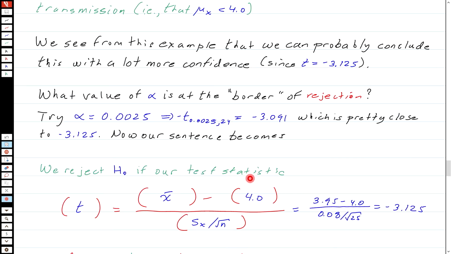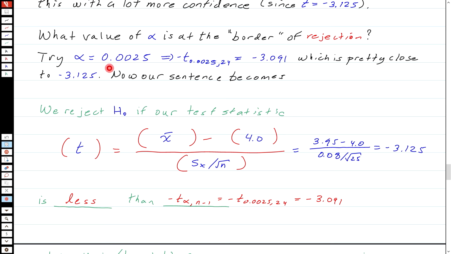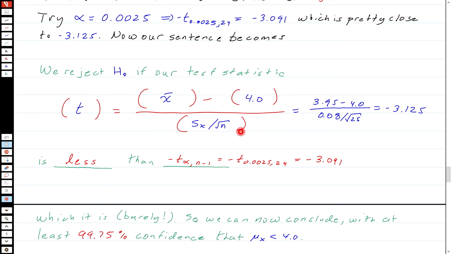So if we're using alpha as 0.0025, our sentence becomes, we reject H naught if our test statistic, everything here is the same, is less than minus t of 0.0025 with 24 degrees of freedom, which is minus 3.091. This is very slightly less than this, so we're going to reject H naught and conclude.